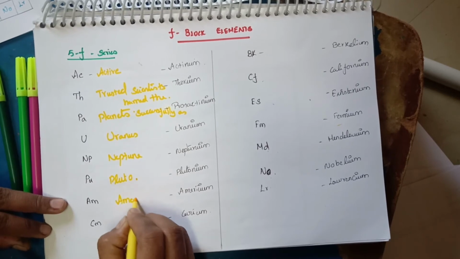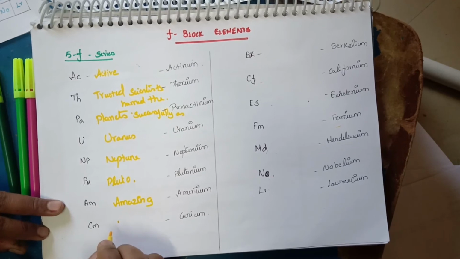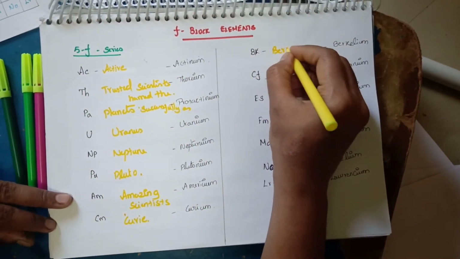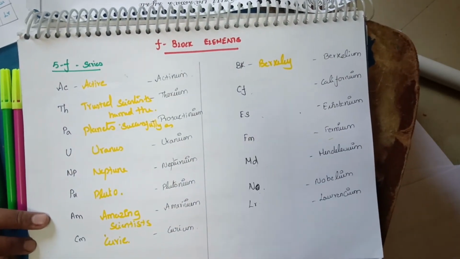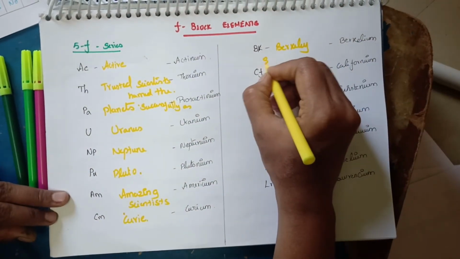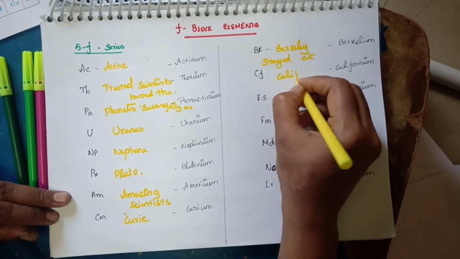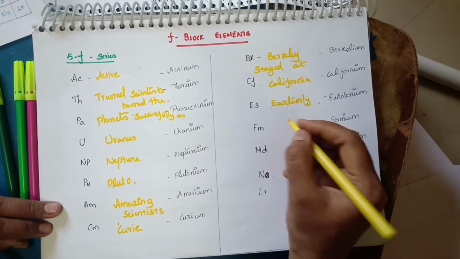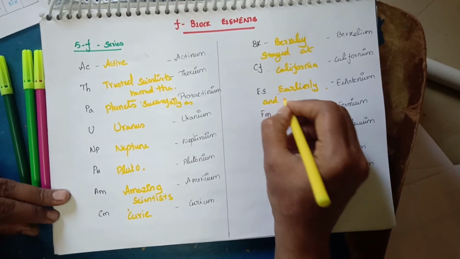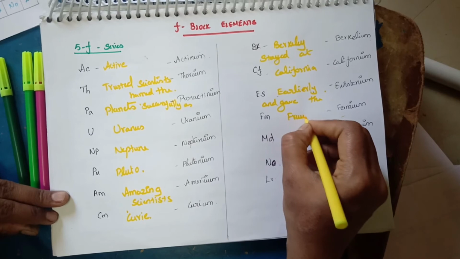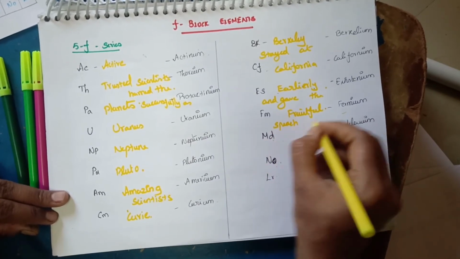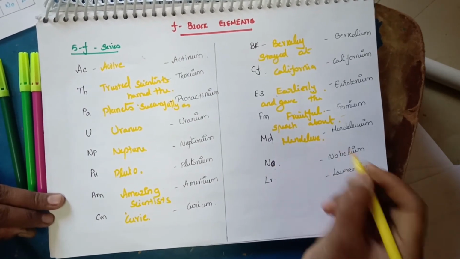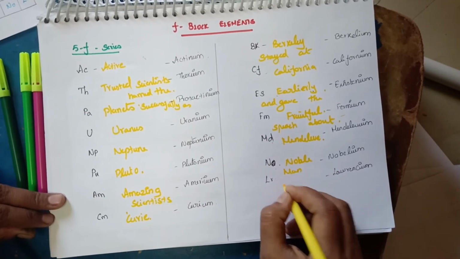The next story is: amazing scientist Curie and Berkeley stayed at California earlier and gave the fruitful speech about Mendeleev and nobleman Lawrence.